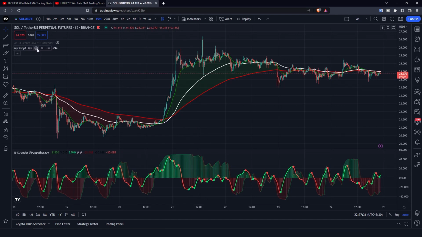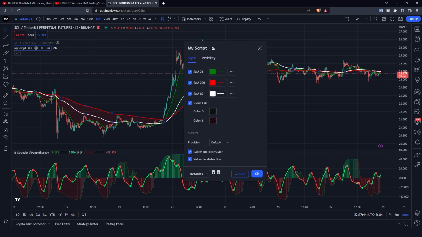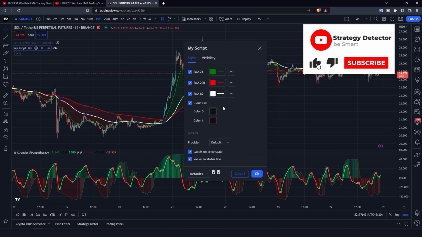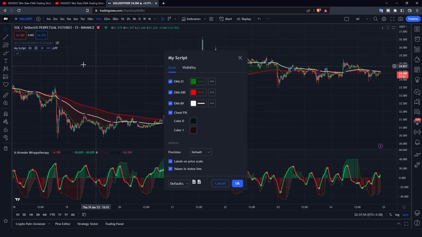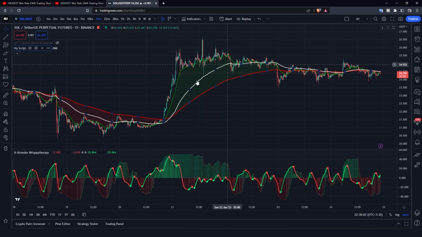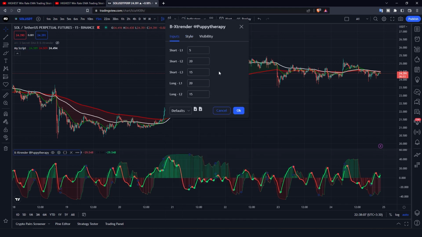The first indicator, the 3 EMA, consists of the 21 EMA in green, 89 EMA in white, and 200 EMA in red with its default settings. Unfortunately, in this indicator, if you want to change the settings, I'm sorry, you can't. Of course, in the indicator that I coded for you, you can change anything you want. I will show you later in this video. And the BX trender has its default settings too, so change nothing.